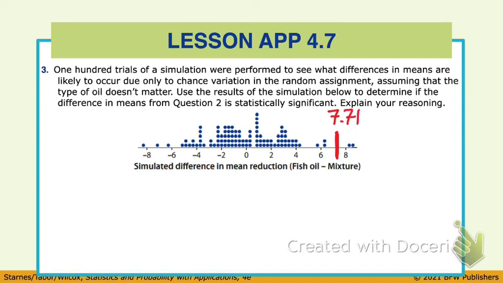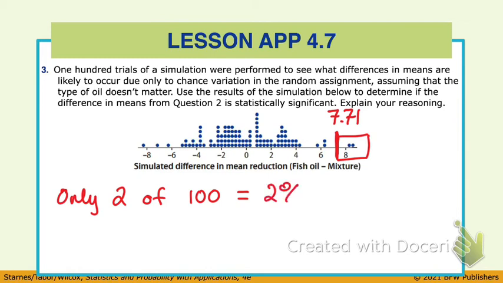How many trials out of 100, I'm assuming there's 100 here, had 7.71 or more of a difference? Only 2. So only 2 of 100, which is 2%. Only 2% happen by chance.